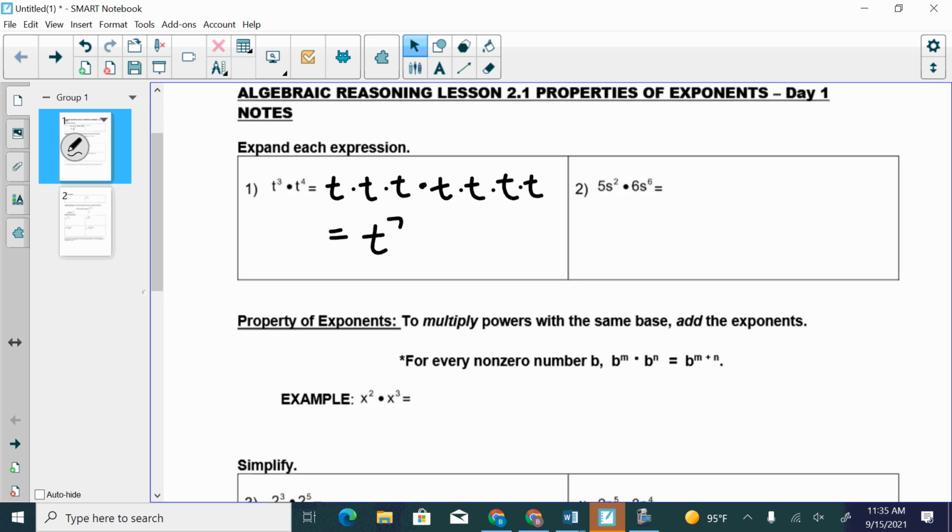Alright? On number 2, I've got 5 times s squared. What does s squared mean I have? Good. Times 6s to the 6. How many do we have there? 6.